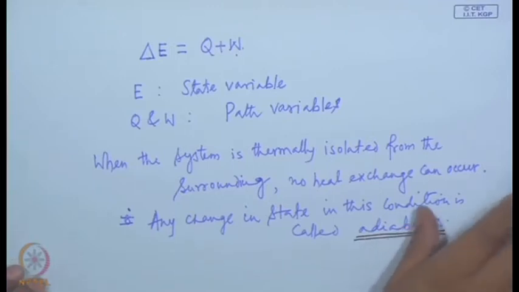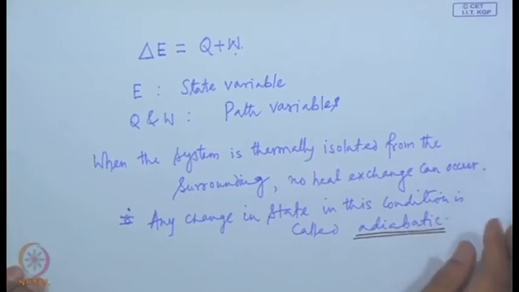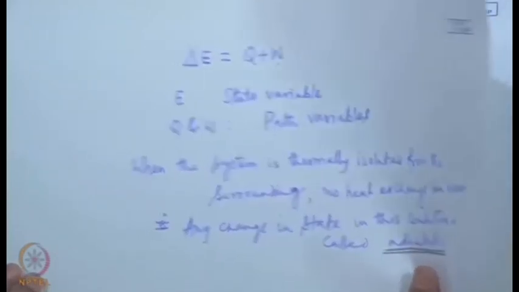Now, looking at the work, the most important way of performing work on the system is by compression. If the compression is allowed in such a way that the system passes through a succession of equilibrium states, then this work done by compression can be expressed analytically.